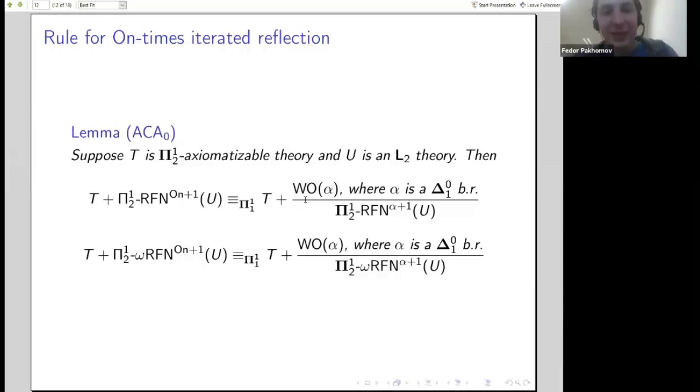Of course, it does. The point is that it doesn't work for all complexity levels. It's only working for Π^1_2 reflection, and in fact in principle for Π^1_1 reflection, but it doesn't really matter. Basically, it's due to the fact that the notion of being a well ordering is Π^1_1 complete.